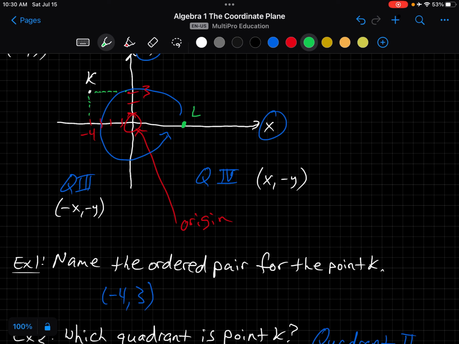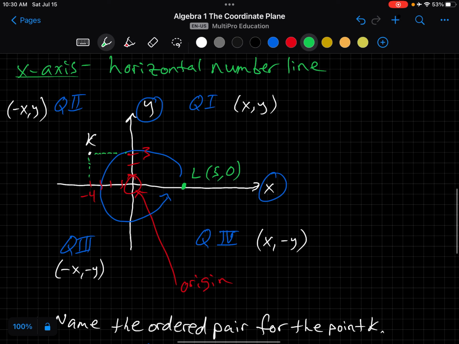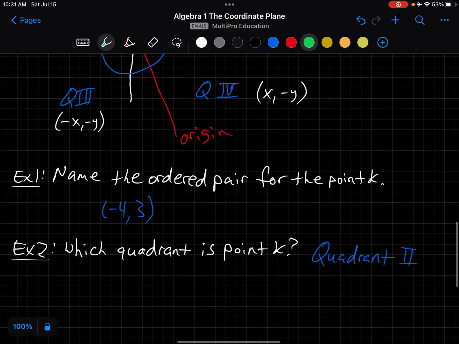So this is going to be point L. And L is 1, 2, 3, 4, 5, 5, 0. Now, notice that this number does not have a sign for 0 for the Y. So which quadrant does it lie in?